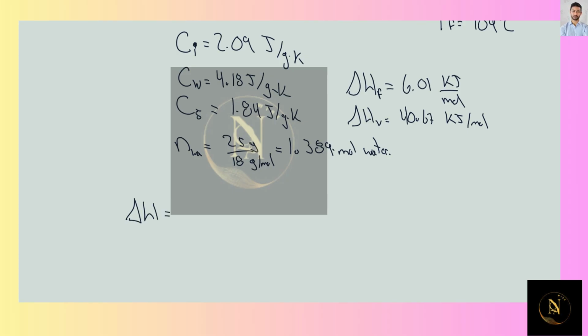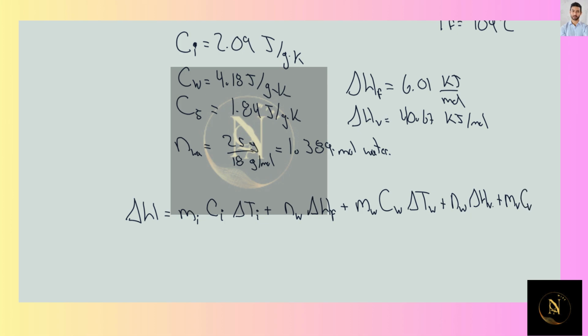So the first thing that we need to consider is the mass of ice times heat capacity of ice times the delta temperature for ice, plus the amount of mole of water that we're going to have times the delta H of fusion, plus the contribution of the mass of water that is going to be the same as the mass of ice, but I'm just putting this label to identify the different processes, times C of water times delta T of water, plus amount of mole of water times delta H of vaporization of water, plus the mass of the vapor times heat capacity of the vapor times delta T of the vapor. So as you can see, it is a quite long equation.